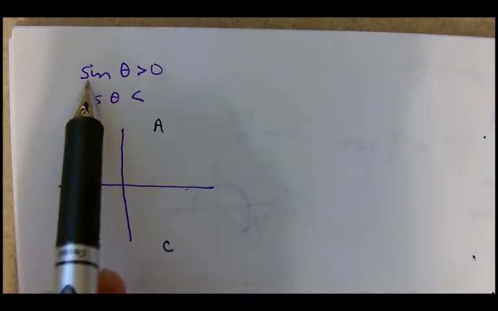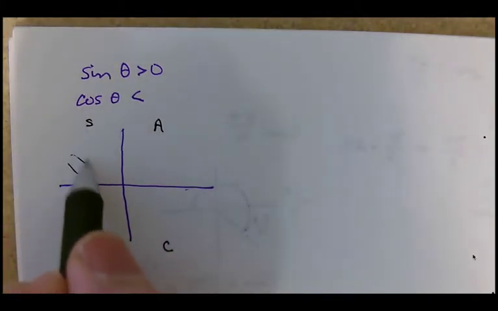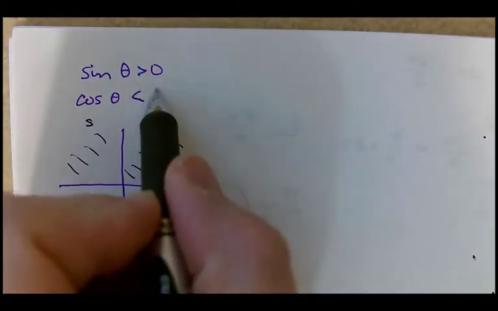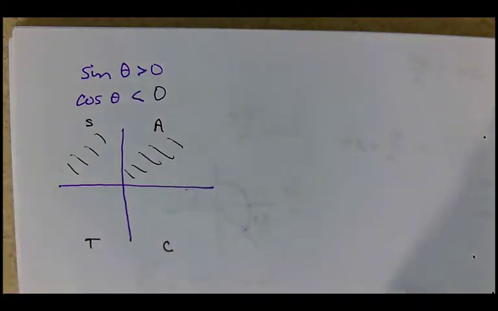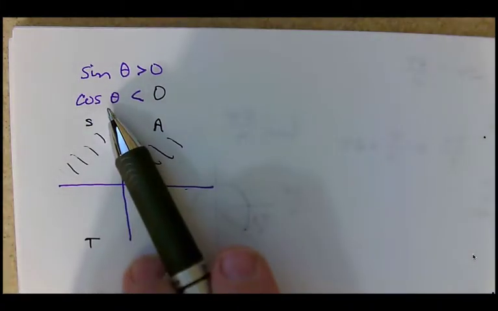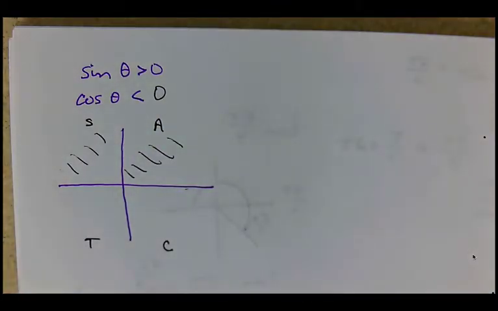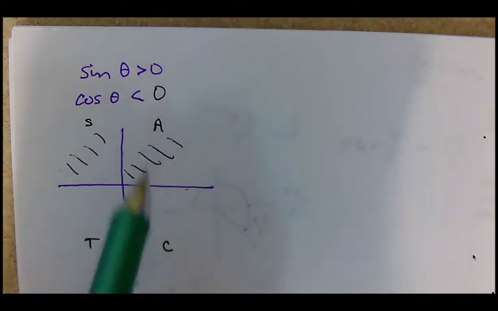So where sine is greater than 0 is in quadrants 1 or 2. Now we need to evaluate where cosine is less than 0. Well, what do we know? Cosine is positive in quadrants 1 and 4.